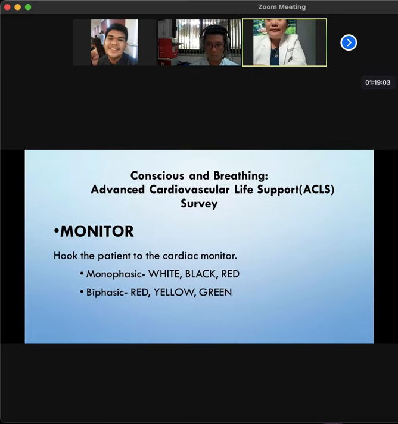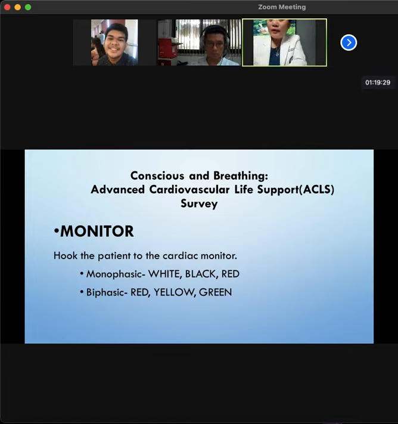And then for the M, you have to monitor. If the monitors are already available, then hook the patient to monitors, such as your ECGs. Okay, if your ECG monitor is monophasic, you have the leads such as white, black, red. Yung mga leads niya na nandito, yun yung mga colors.